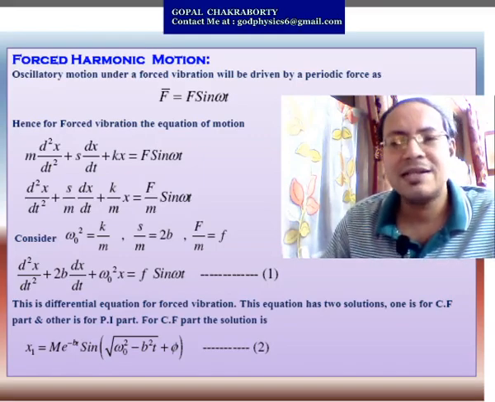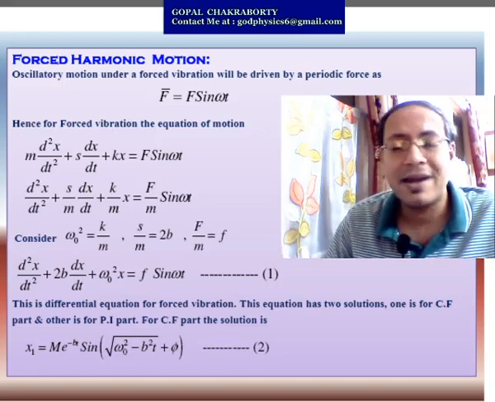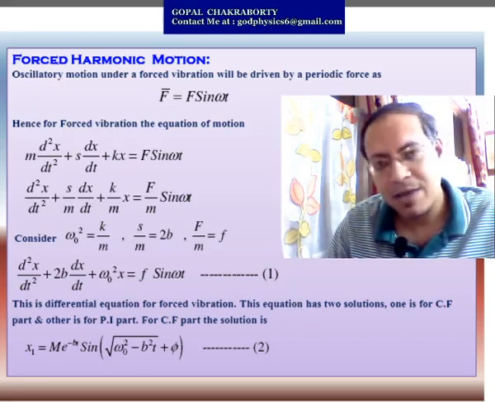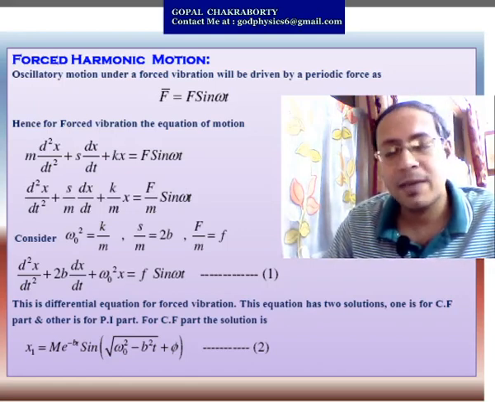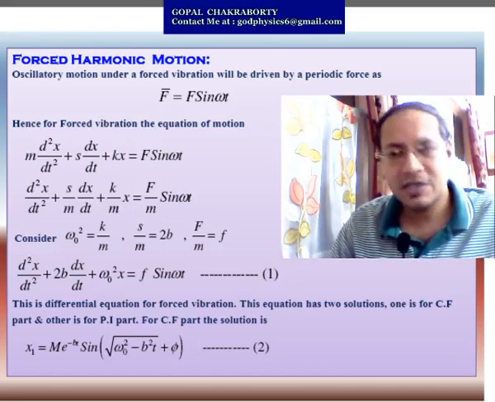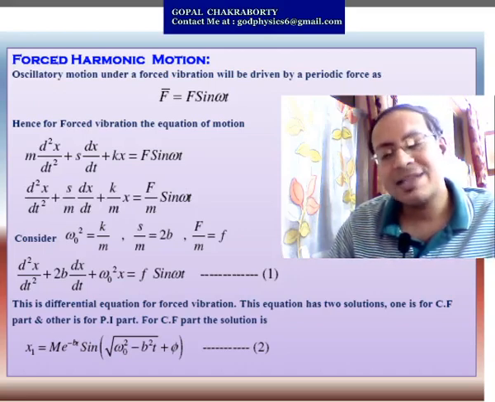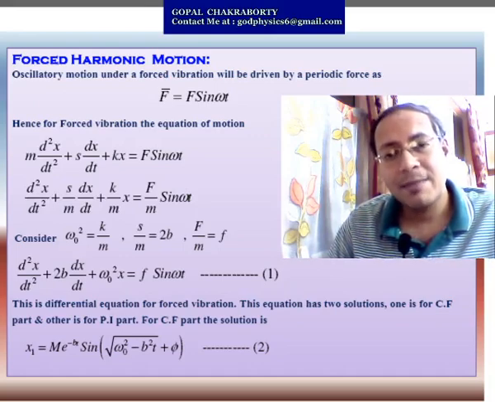Rearranging, divide both sides by m, where m is the mass of the particle or object, you get d2x dt2 plus s by m dx dt plus k by m x equals F by m sine omega t. Now consider some constants, as I have already considered in my last two videos: omega naught square equals k by m, s by m equals twice b, and capital F by m equals small f.